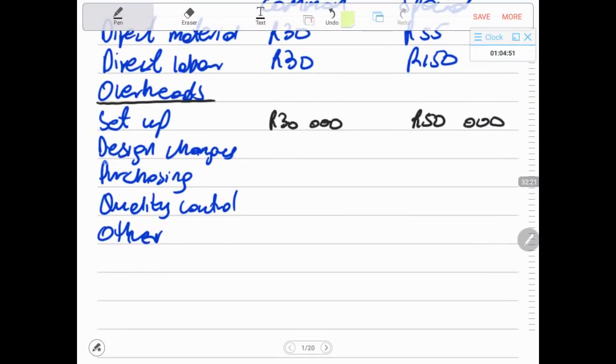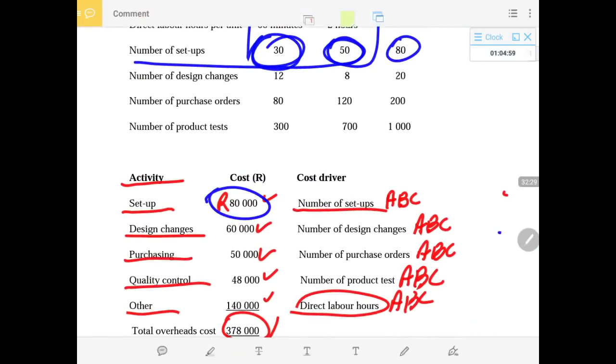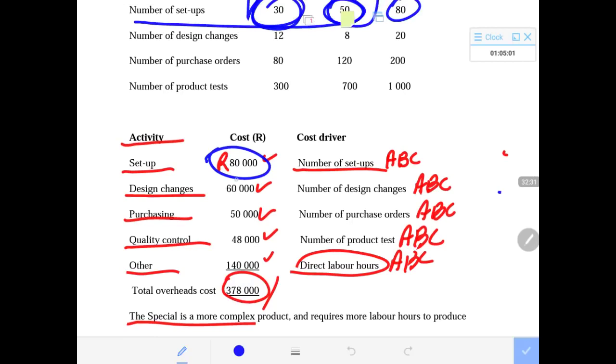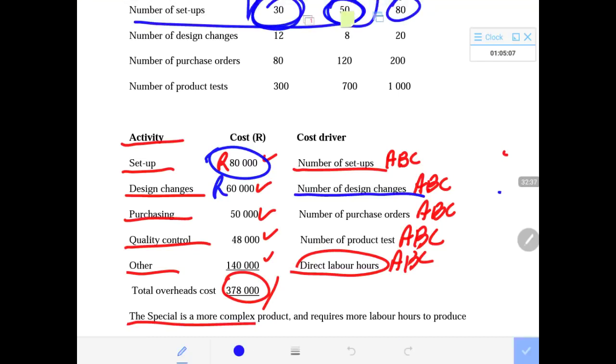Remember, this is the second activity, design changes. That is where our focus is. Then now we go to design changes and we see that the cost of design changes is 60,000, based on the number of design changes. How many design changes? The number of design changes is 20, which is made of 8 for product special and 12 for product common.